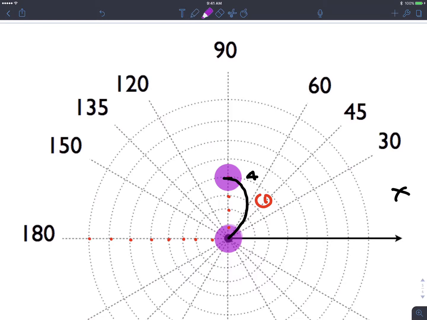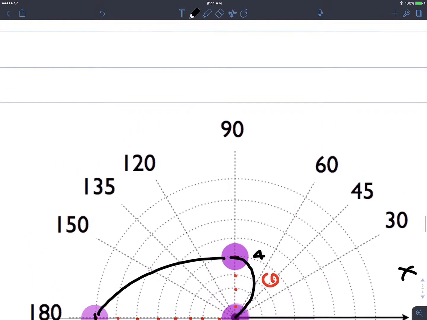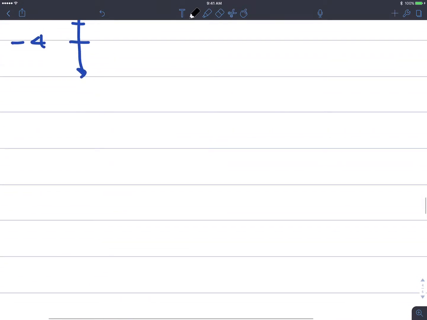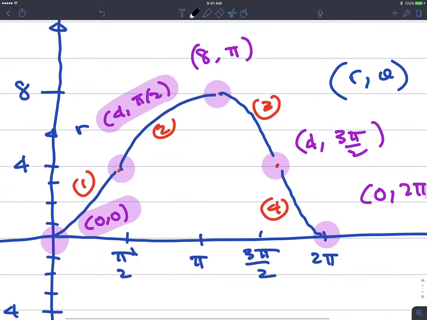Way out here. So I went from a radius of 4 to a radius of 8. Okay, you okay with that? We plotted this point here.